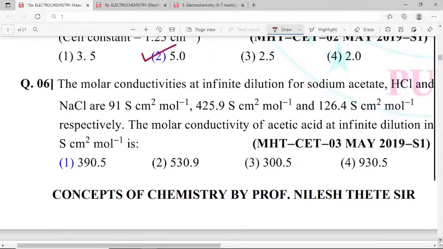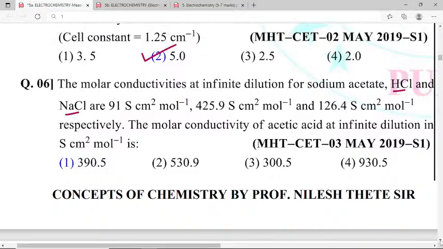The molar conductivities at infinite dilution for sodium chloride NaCl, sodium acetate CH3COONa, and hydrochloric acid HCl are given. The molar conductivity of acetic acid at infinite dilution is equal to? First write the reaction here.